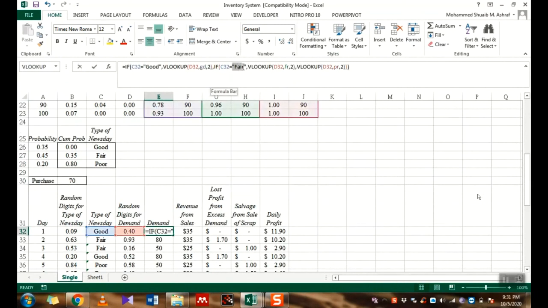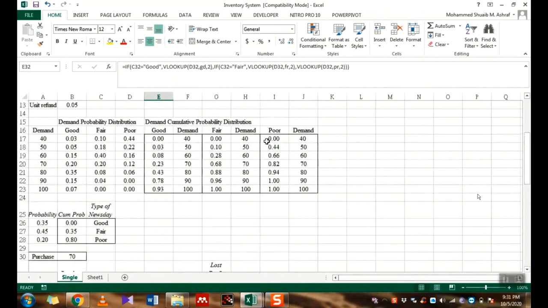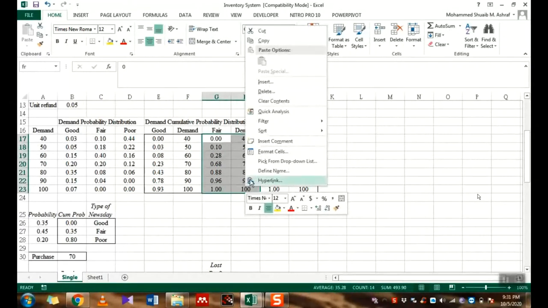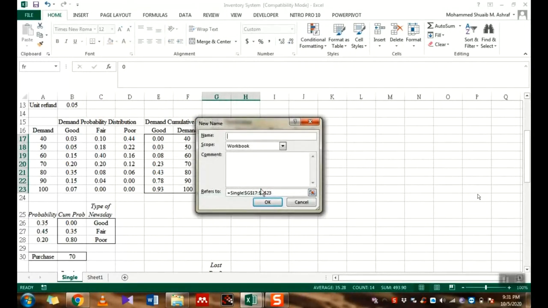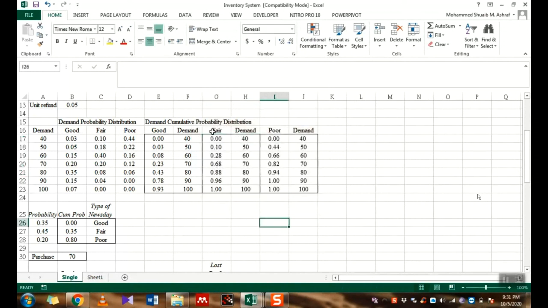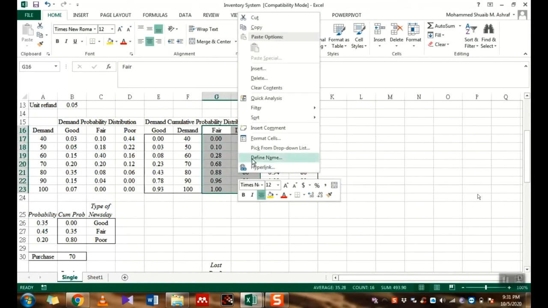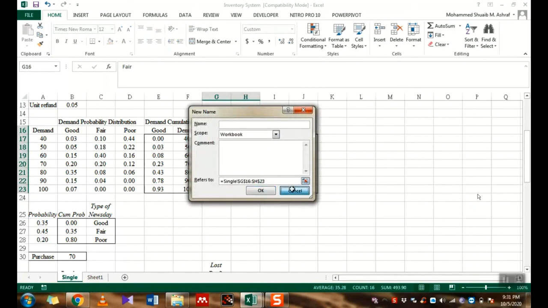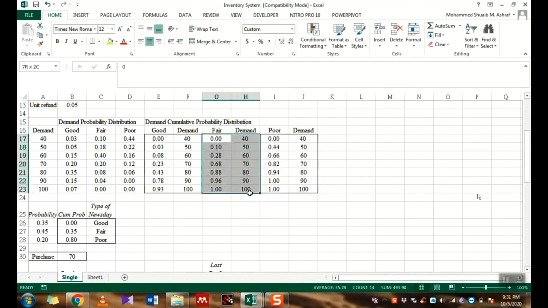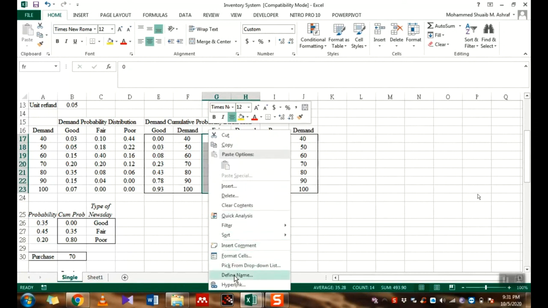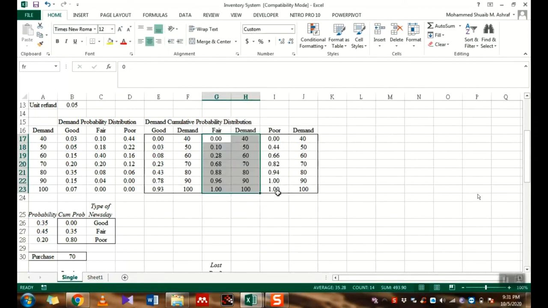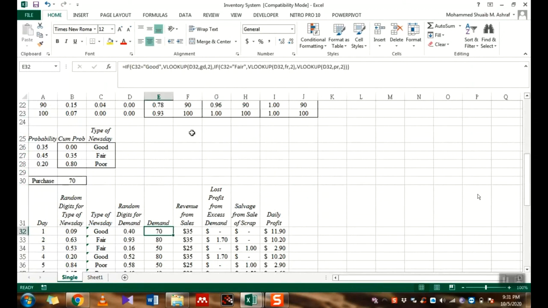If the type of news day is fair, I will search this index. I'll right click, see the name, define name. See, what is the name of this table? Let's see. The name, yeah, fair.